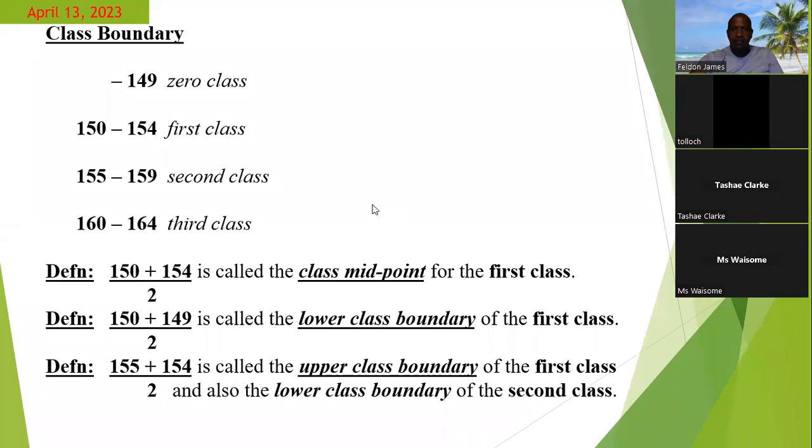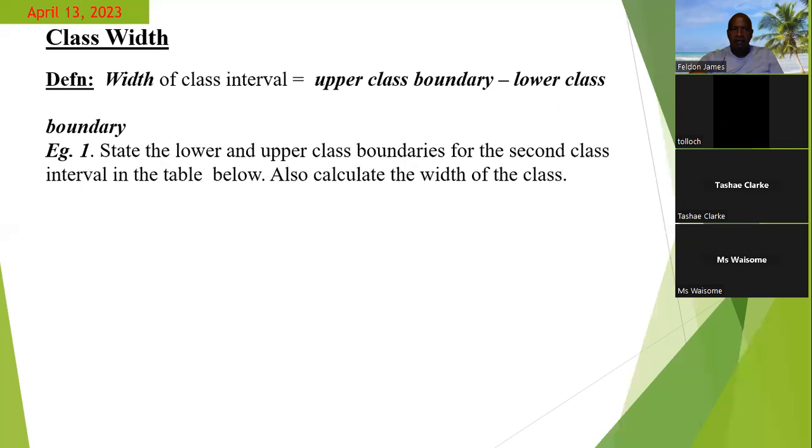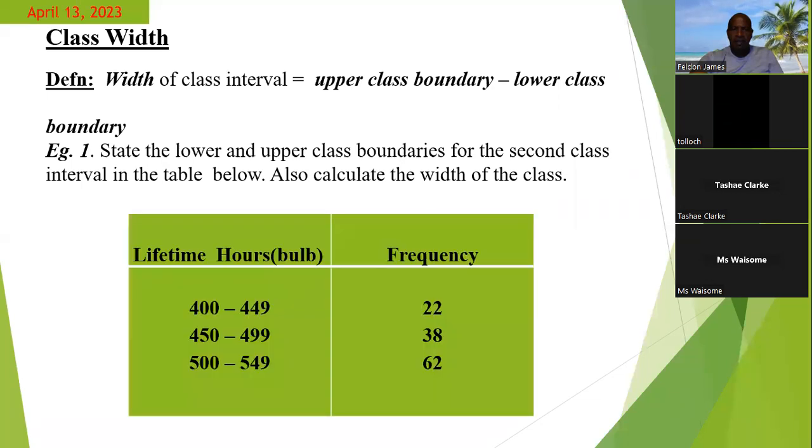All right, so are we okay with these now? I'm going to be moving on. I think I've labored that really a lot. So with that said, in terms of these classes, this question is asking you to state the lower and upper boundary for the second class interval in the table. Calculate also the class width.